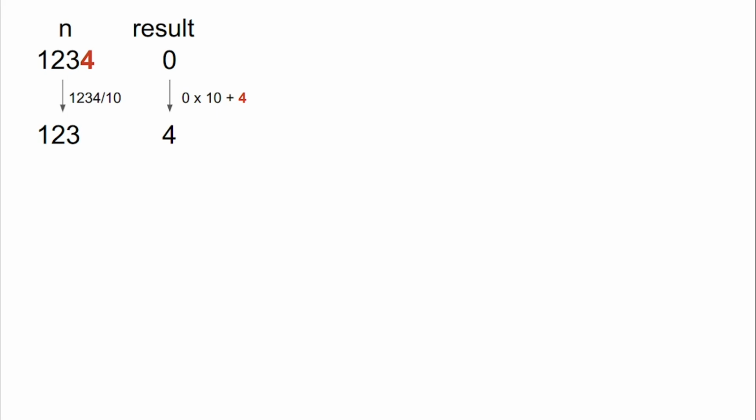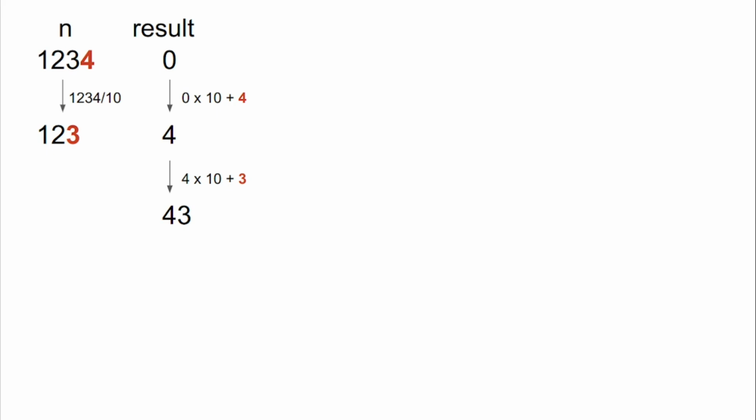Now we'll again repeat the same step, that is we'll multiply 4 by 10. Please understand, 4 multiplied by 10 is 40. That is, we are adding a 0 at the end, and then we'll again add the last digit of n, that is 3 this time. So we'll get 4 into 10, 40 plus 3, 43.